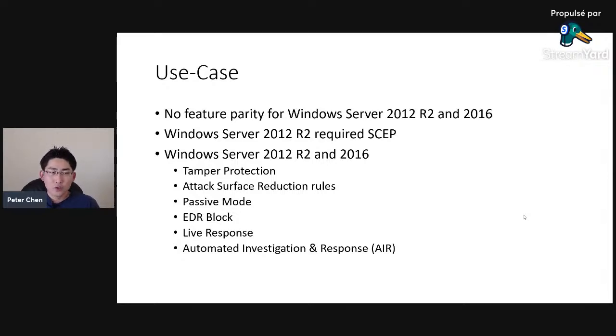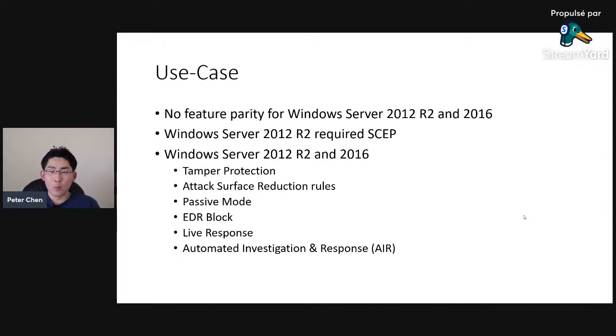The use case around the Unified Solution is that, in the past, Windows Server 2012 R2 and Windows Server 2016 did not have feature parity with the newer Windows Server, for example Windows Server 2019. So there were missing features such as tamper protection, attack surface reduction rules, passive mode EDR block, and so on, because they were, in my words, legacy operating systems.